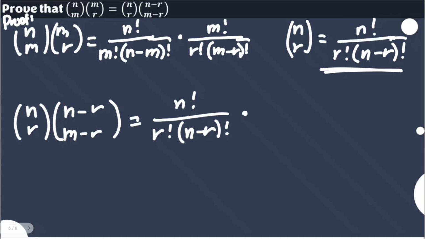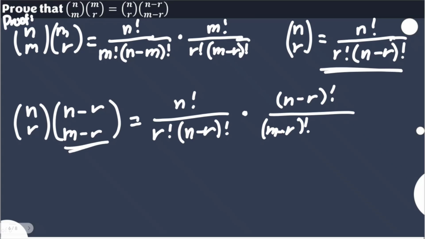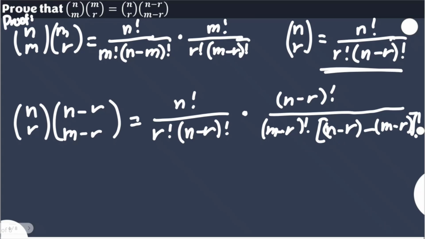You will have here the n minus r factorial over m minus r factorial, which corresponds to this, but our next term will be the difference of the two, n minus r minus m minus r factorial. Take note of that, and let's move forward.